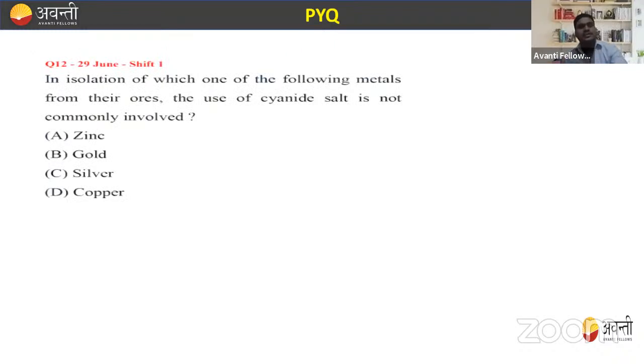The next question: in the isolation of which one of the following metals from their ores is the use of cyanide salt not commonly involved? The options are zinc, gold, silver, and copper.